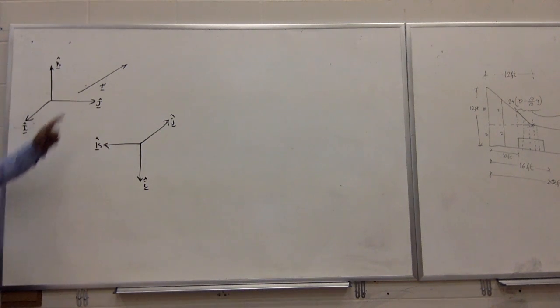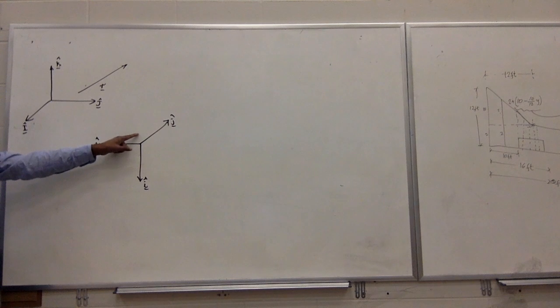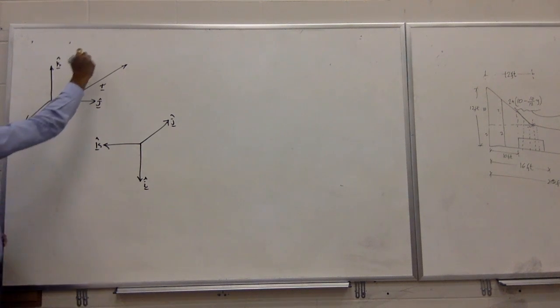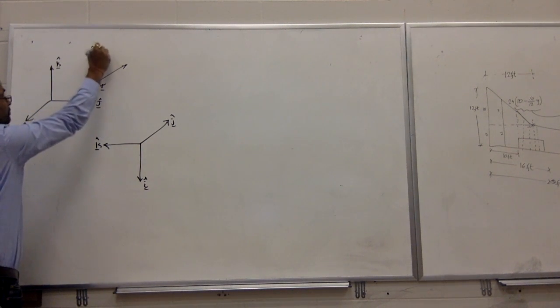Yes. This vector has coordinates in this frame and this frame. You can say this vector is coordinatized in the IJK frame, capital IJK frame.